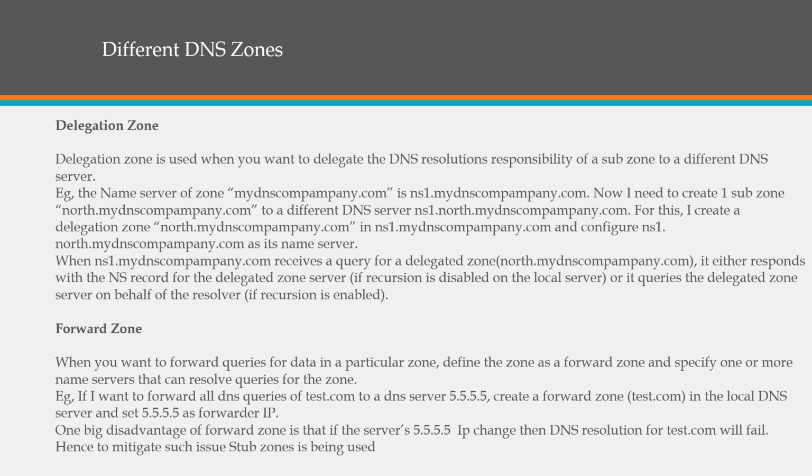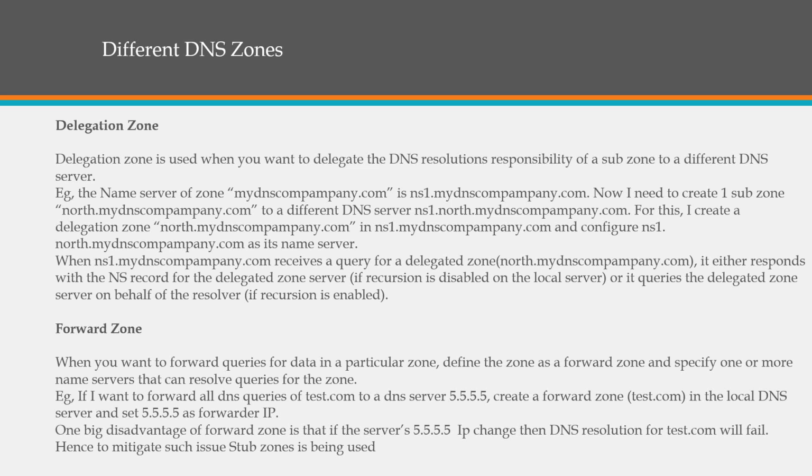different DNS server. For example, let's take the domain name which we have been using for this whole video. The name server of mydnscompany.com is ns1.mydnscompany.com. Now I need to create one subzone called north.mydnscompany.com on a different DNS server, that is ns1.north.mydnscompany.com.